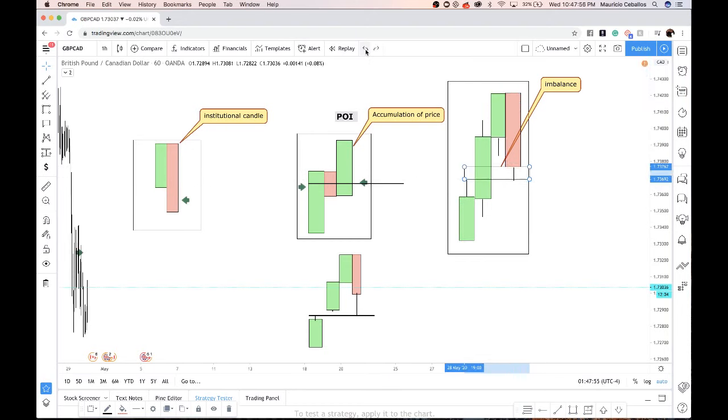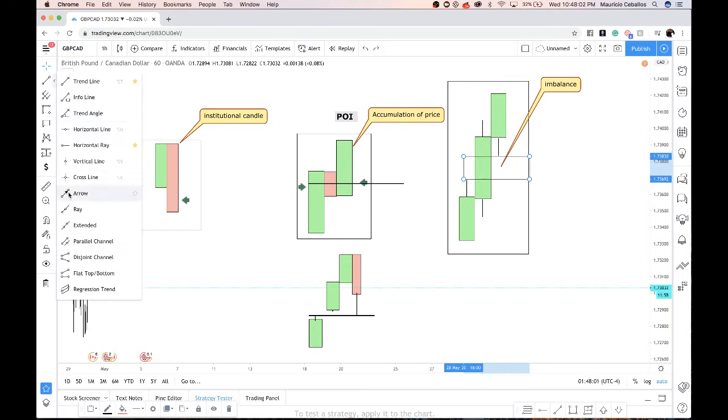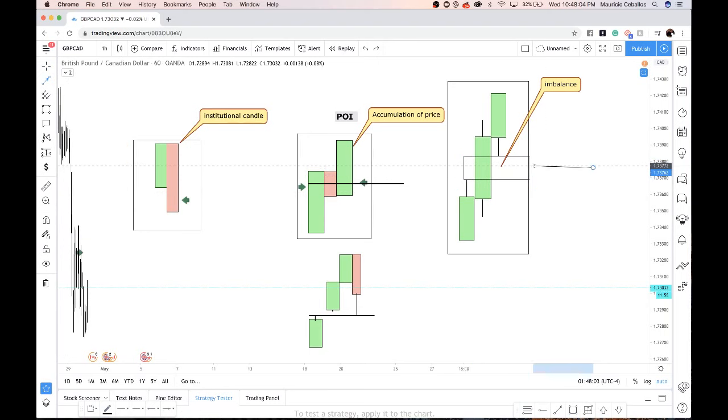But what does imbalance work for? Imbalance helps us understand that the market is more than likely to reverse into these areas of imbalance. It acts as a magnet, okay? So understand that it acts as a magnet. What else acts as a magnet?